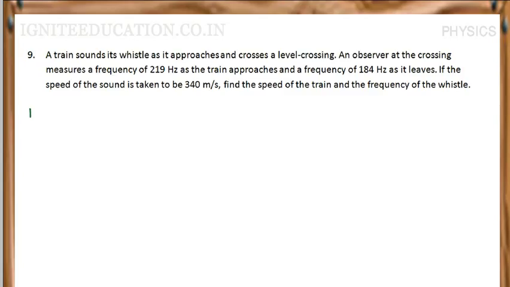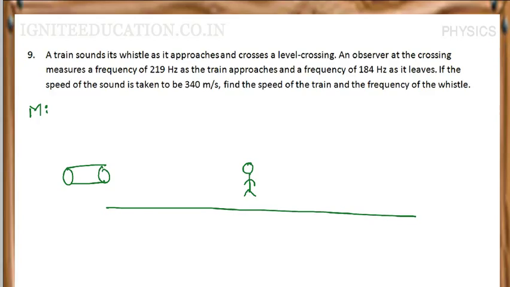Our motto is... So there is an observer standing at the level crossing. A train is approaching him, making a whistle. That whistle's frequency is n.